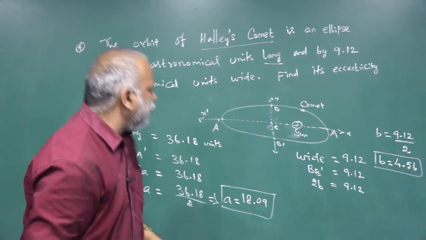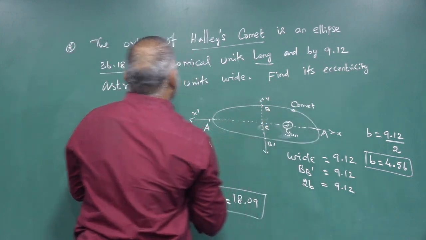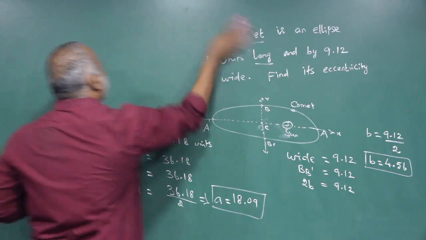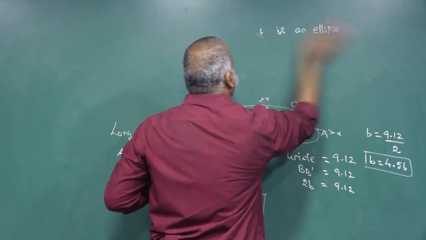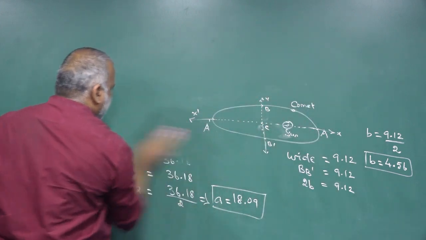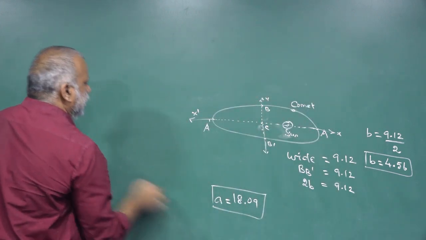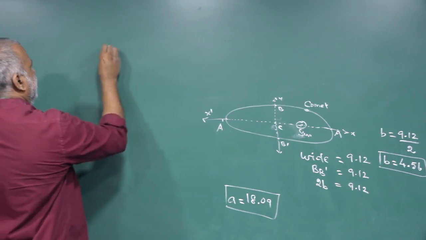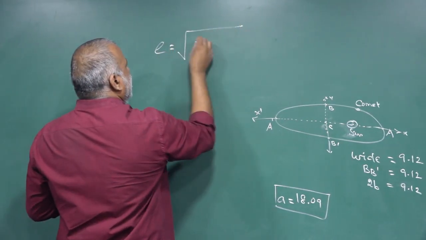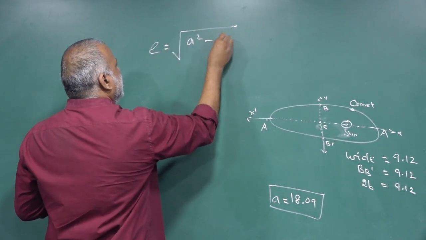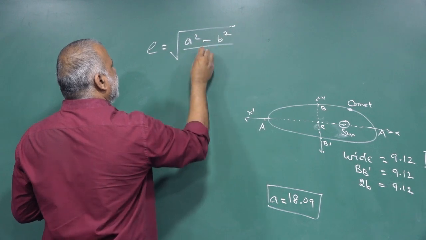So we need to find its eccentricity. Read the question, find its eccentricity. We have to find the value of E. Now what is the formula to find the value of E? We have the formula E equal to square root of A squared minus B squared divided by A squared.